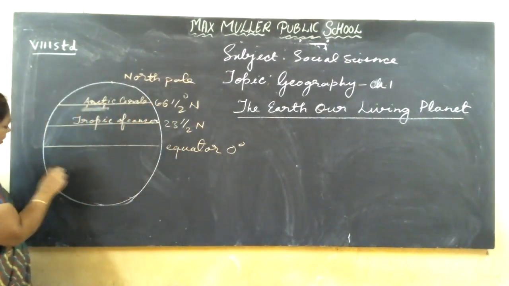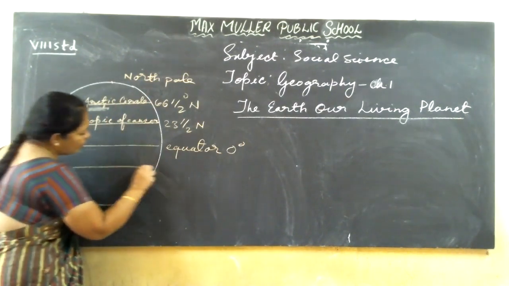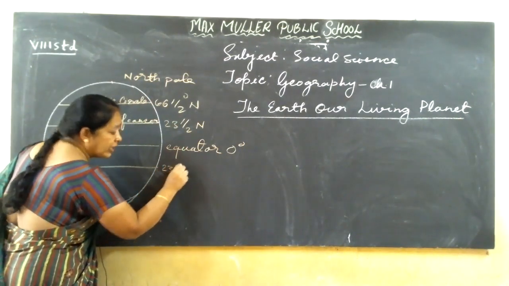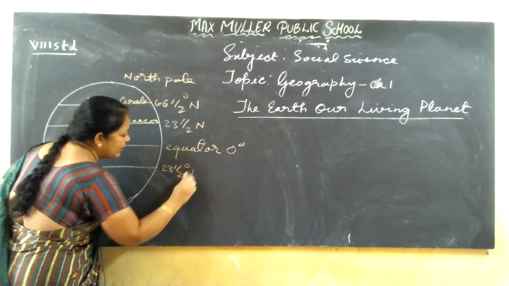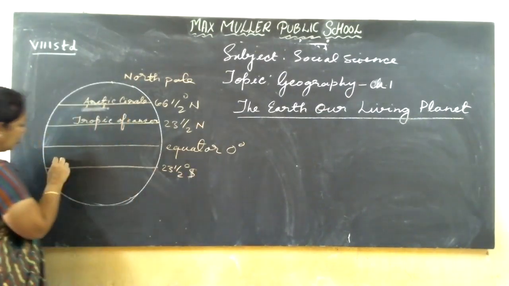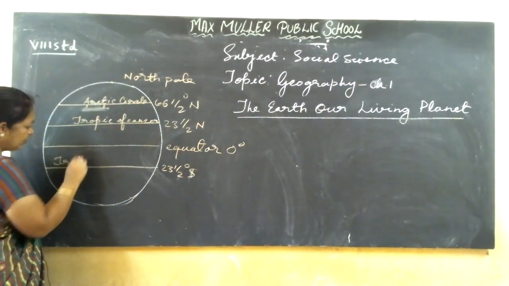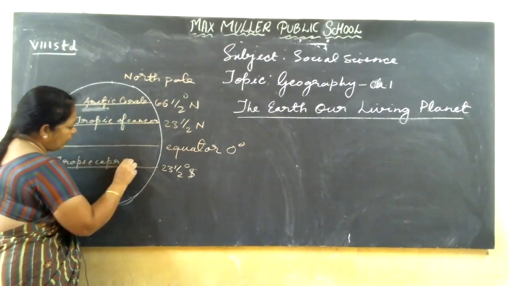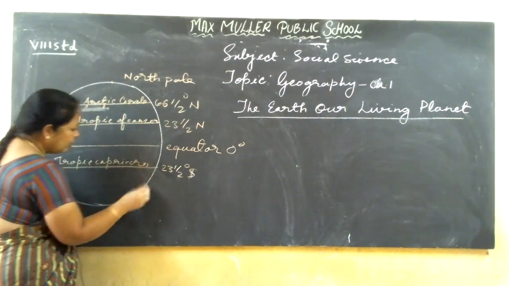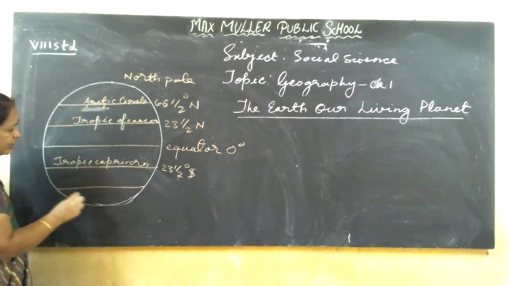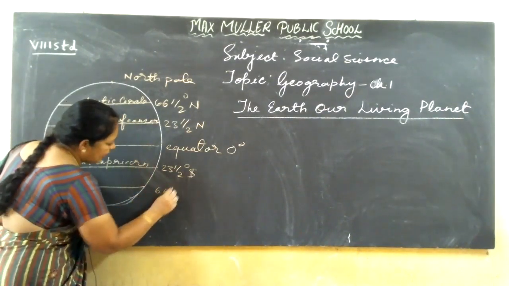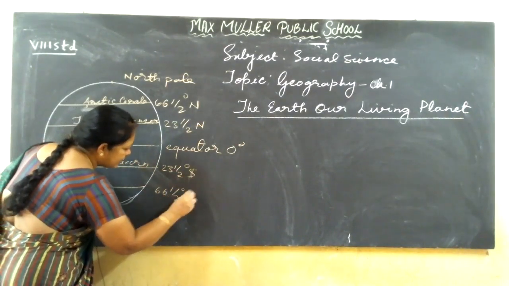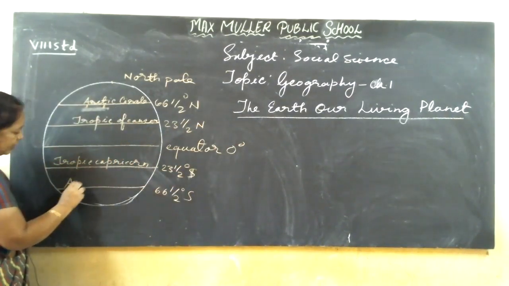Then we have the Tropic of Capricorn, that is 23.5° south. Then we have the Antarctic Circle, 66.5° south.